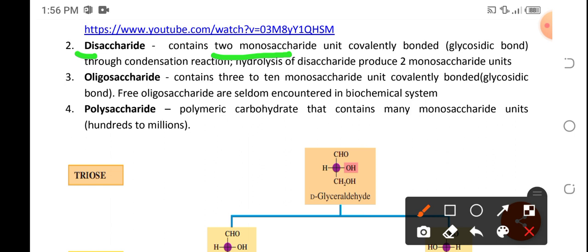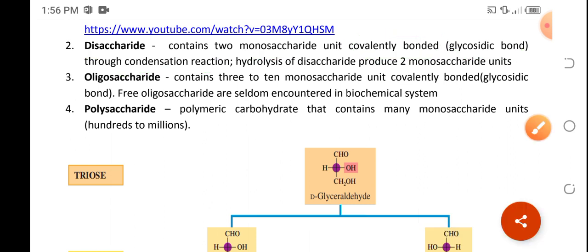Paano natin na-produce ang mga disaccharides? Because of a condensation reaction into which the two monosaccharides will be covalently bonded. So magkakaroon ng bonding. Aralin natin paano na-produce yung bonding na yan, at specifically ang tawag dyan sa bond ay glycosidic bond. Okay, so in further discussion, madidiscuss natin how this glycosidic bond has been, how these are produced.